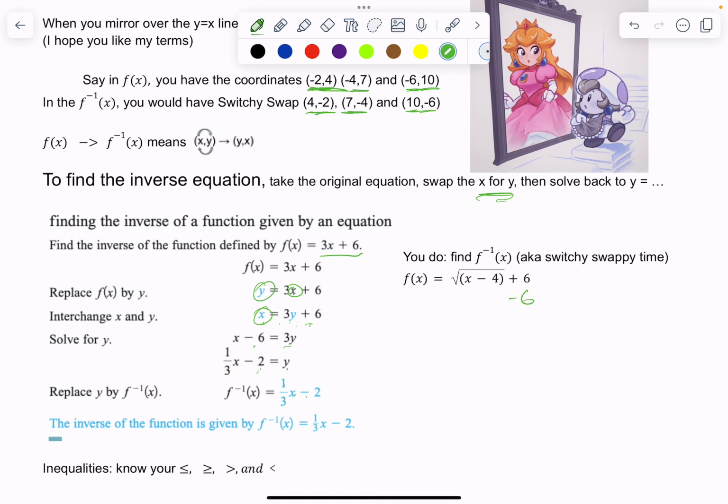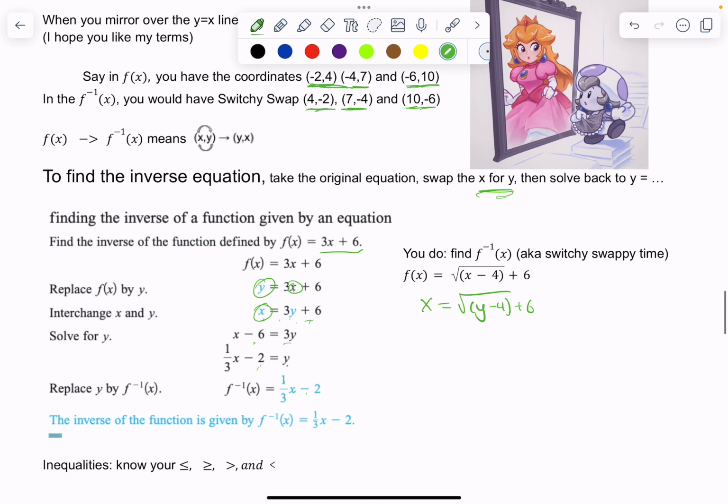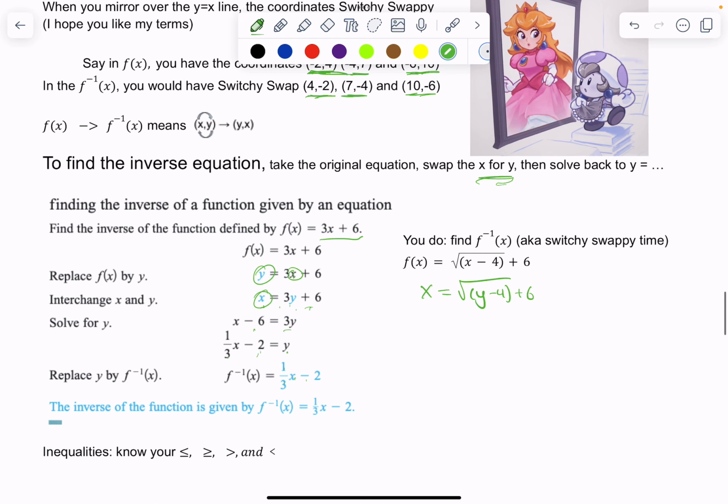I want to change it so that it's now y equals square root of x minus 4 plus 6. I just swapped the x and the y places, and try to solve it so I get back to y equals. So I'm getting x minus 6 equals square root of y minus 4.